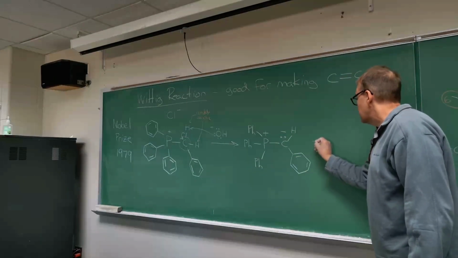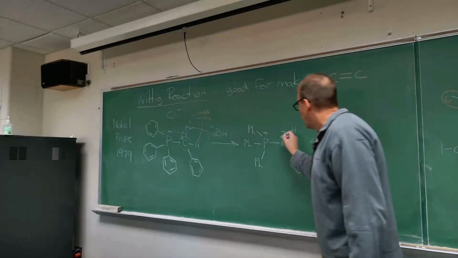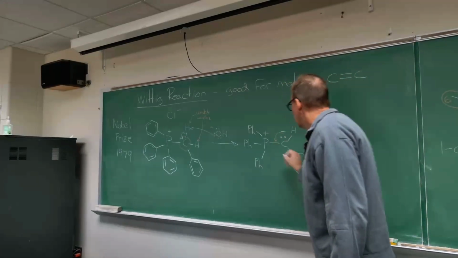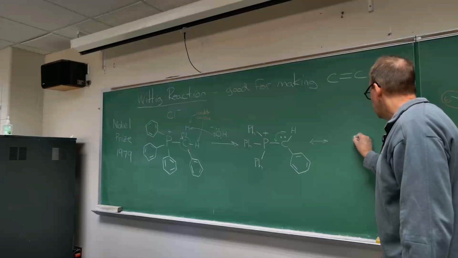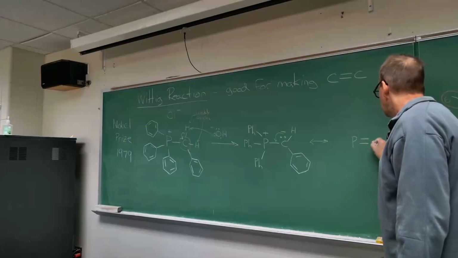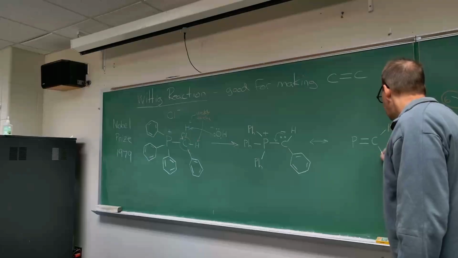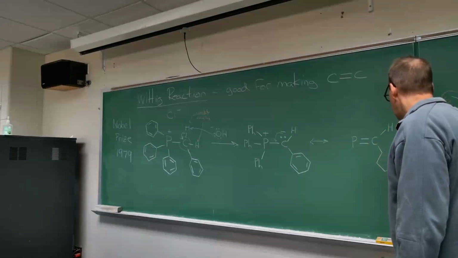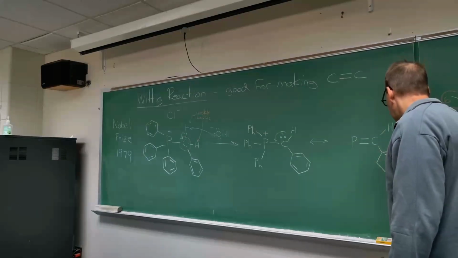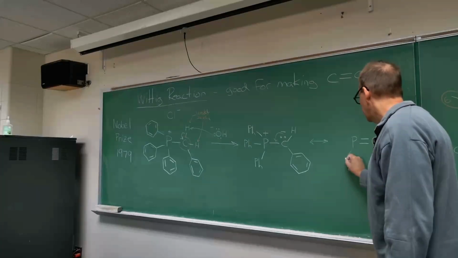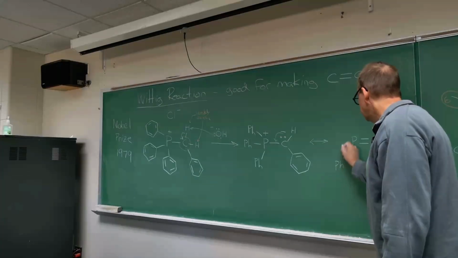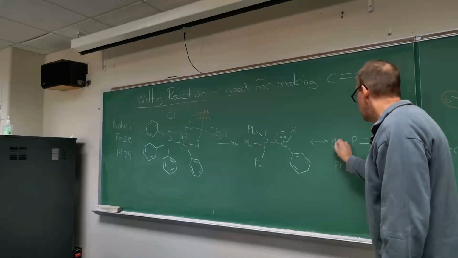And there's a resonance structure for this that works like this. A carbon-phosphorus double bond can form, and this is just another of 2 important resonance structures for this molecule. Both of these describe the same molecule, though.